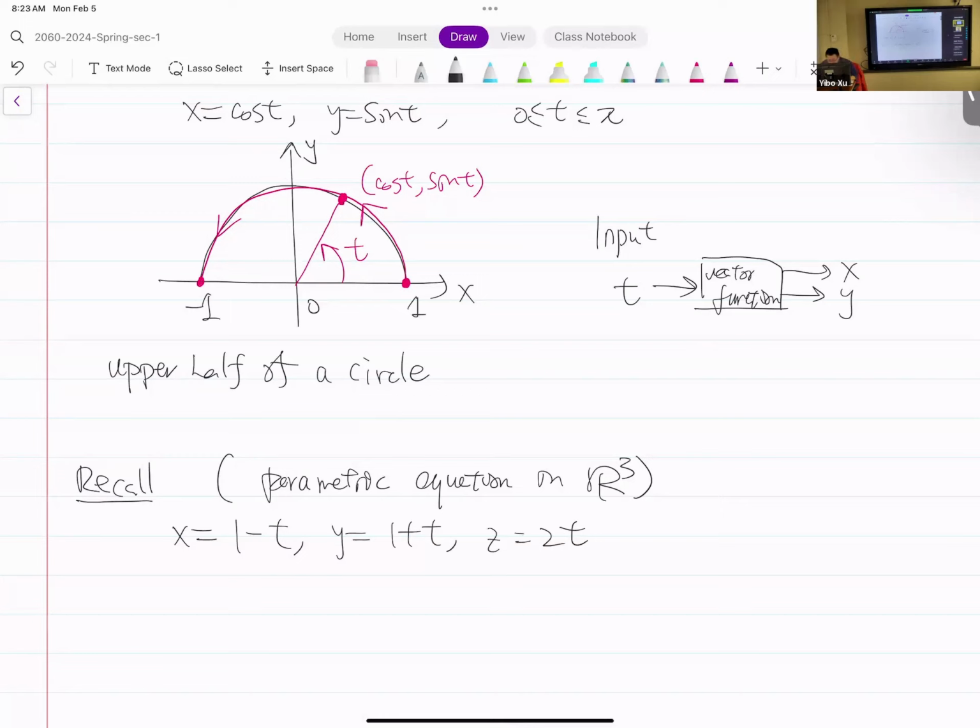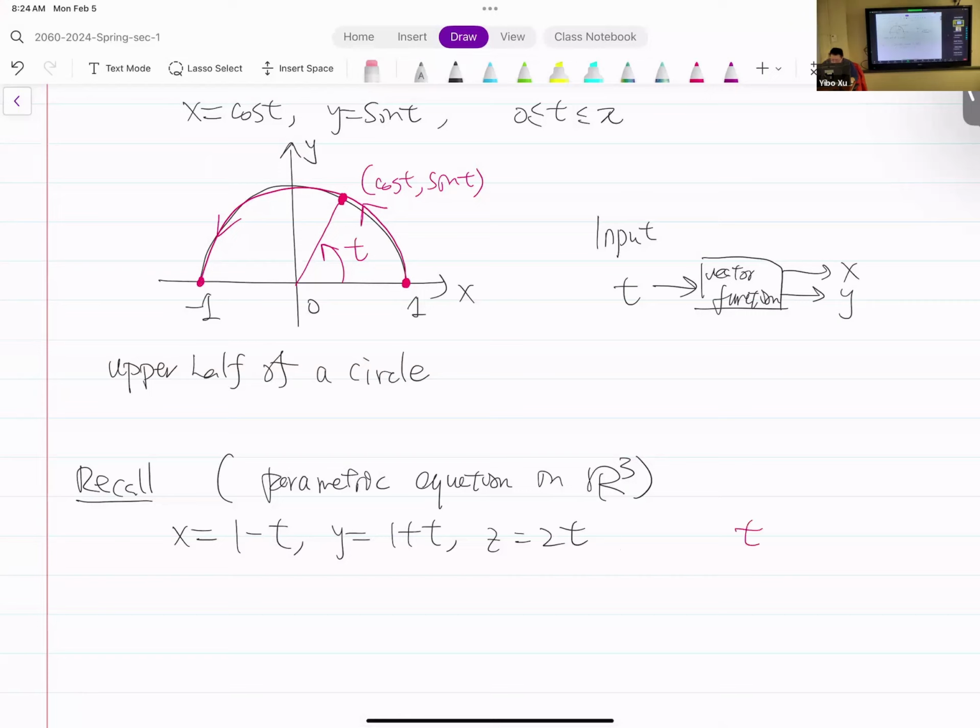But here, when your t is just free, when there's no range of this parameter, then this is exactly the line, right? Going through the point 1, 1, 0, and having direction negative 1, 1, 2, right?